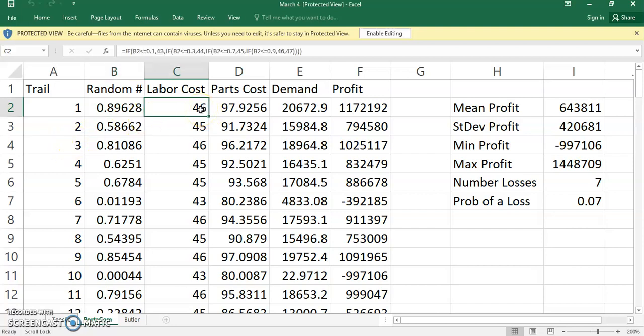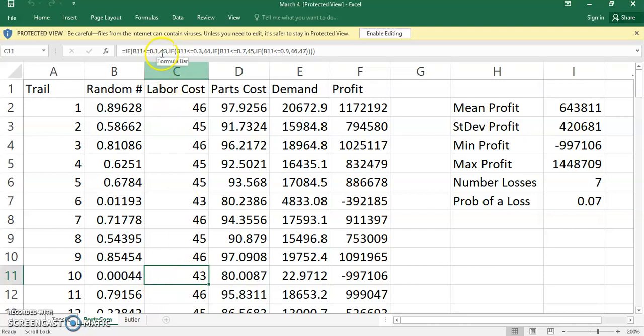Then I used that same formula to figure out the labor cost. So what this is saying is, based on the random number in column B, if that random number was less than 0.1, then my labor cost would be 43. And you can see here in trial 11, that random number was less than 0.1. So that gave me a labor cost of 43.